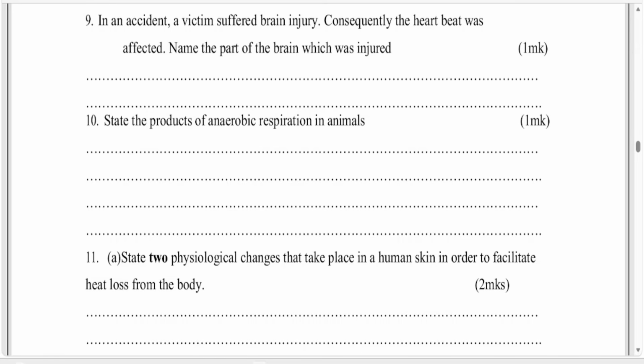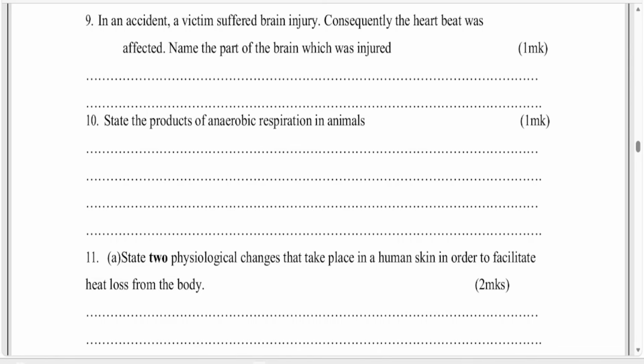So we have this part in the brain that we call the medulla oblongata, which controls the involuntary activities in the body, including heartbeat. Those activities that you as a person don't need to decide whether they are supposed to occur or not. For instance, you don't decide for the heartbeat to continue.